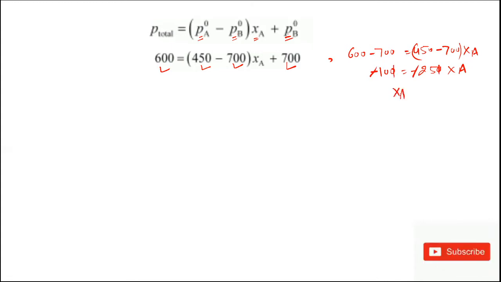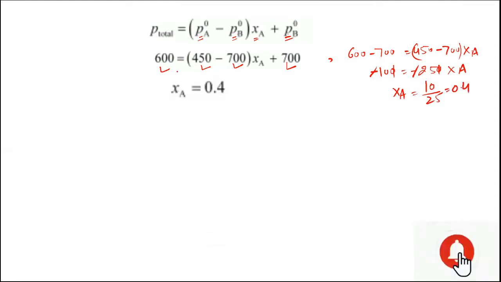The mole fraction of A is equal to 10 upon 25. The value comes to be 0.4. So the mole fraction of A is 0.4.